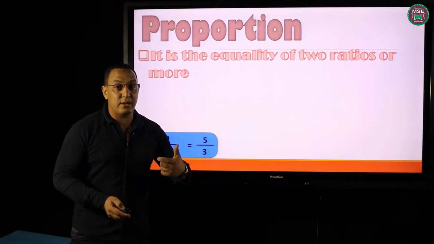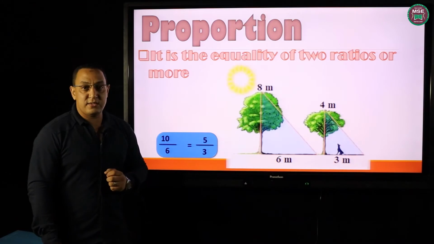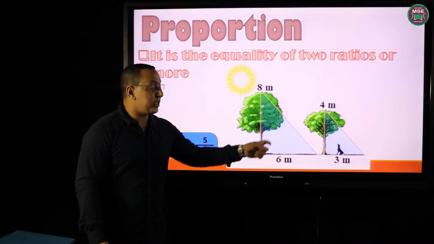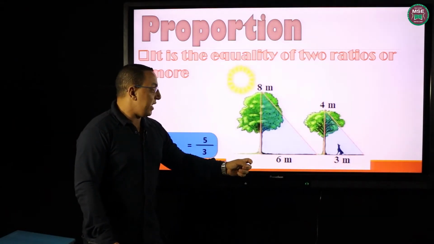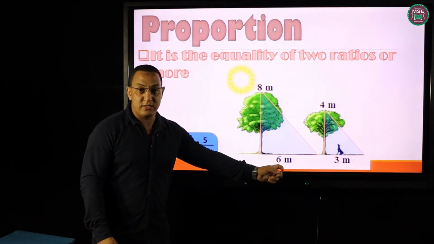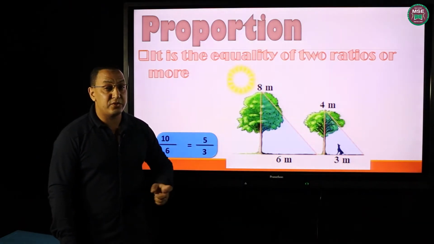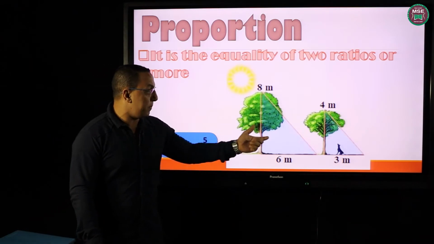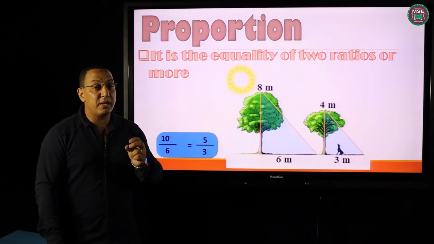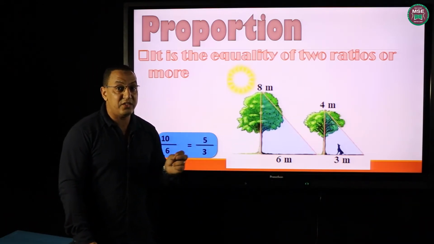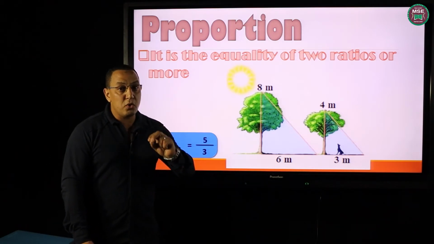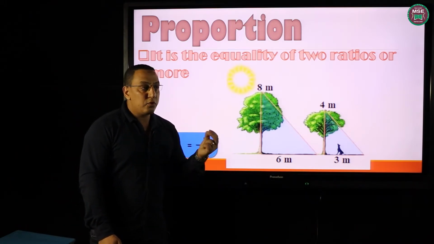I have another example or another picture like this. Here, we have two trees, and we have two shadows of the two trees. By looking carefully at the two pictures, we see that they are similar to each other, but they are not equal or congruent to each other. That's because they are proportional to each other.